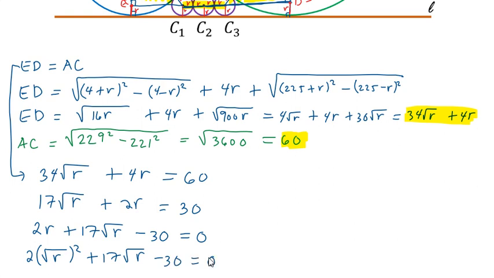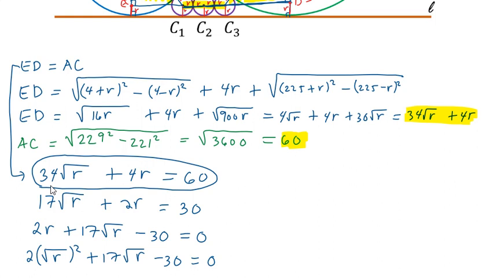Okay, so we have now an equation that is a quadratic equation in square root of r, right? So we can actually factor this and solve for r. Now some may isolate the term with square root of r in this equation and square both sides to solve.